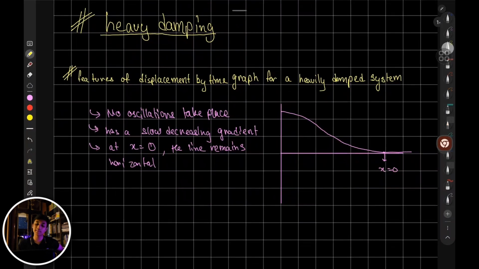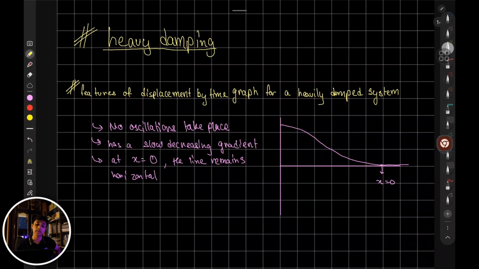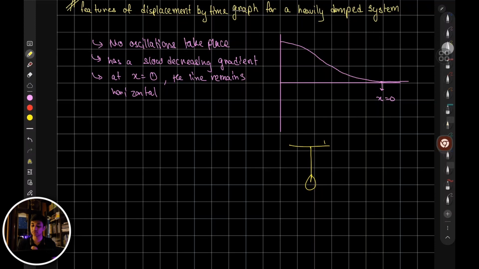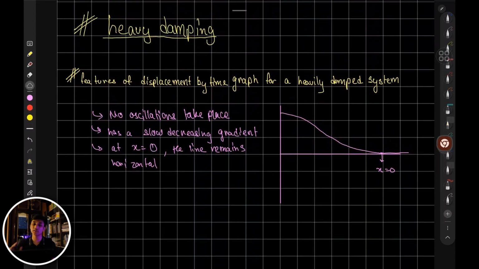If we move on to heavy damping, a similar logic as critical damping applies: within the first oscillation, it is going to reach equilibrium. It does not go over there. It stays over here. But with heavy damping, it's not going to take the shortest route or the shortest amount of time.